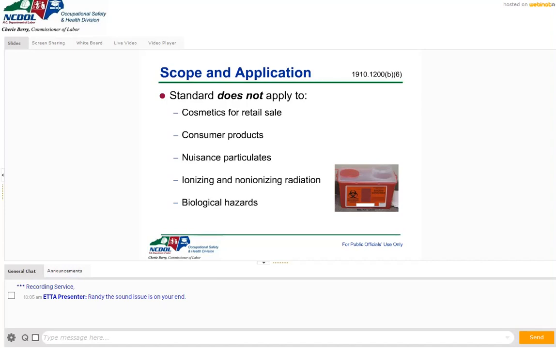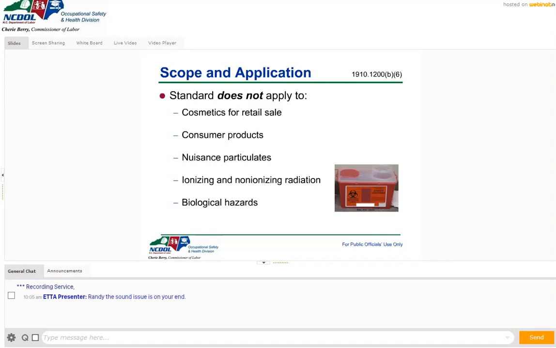Again, the rule is if you use them the same way a homeowner would use them, in the same amounts and the same levels of exposure, it's exempt from your program. If you use it in large quantities or as part of a full-time job, it could very well be part of your program. Good examples again are Windex, bleach like Clorox, those types of products. Again, it depends on how they're used.